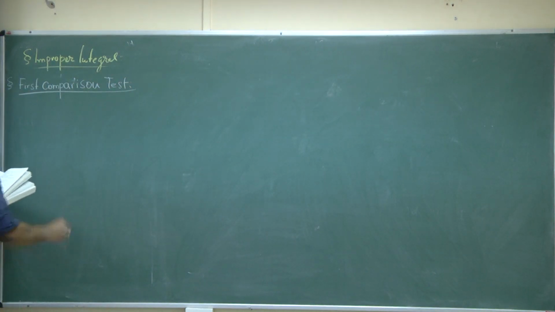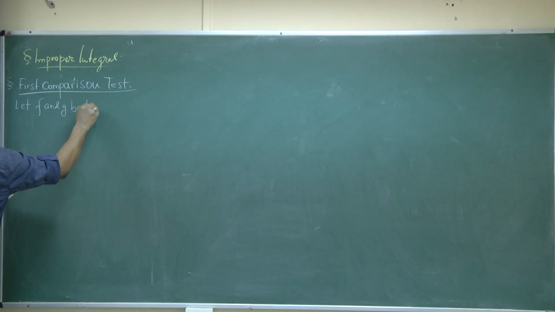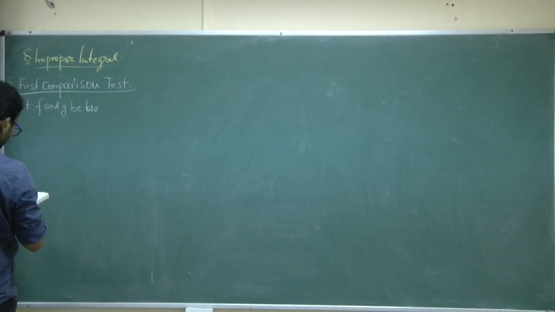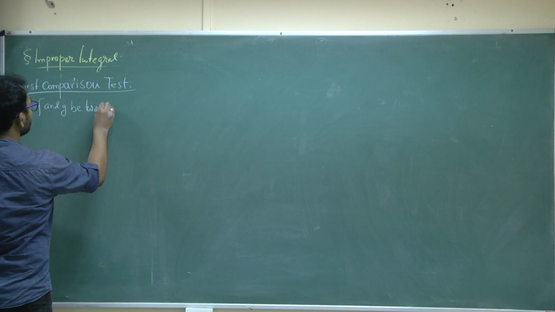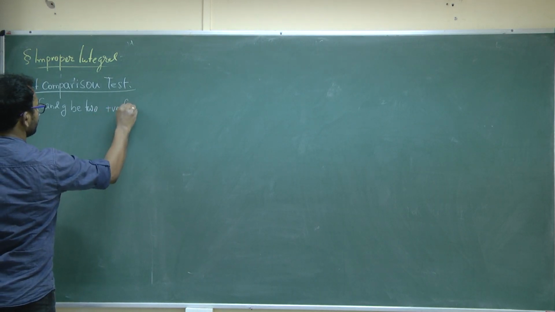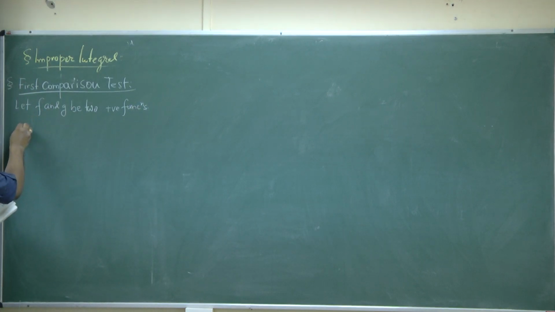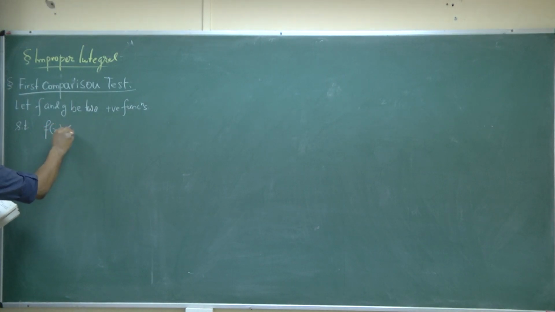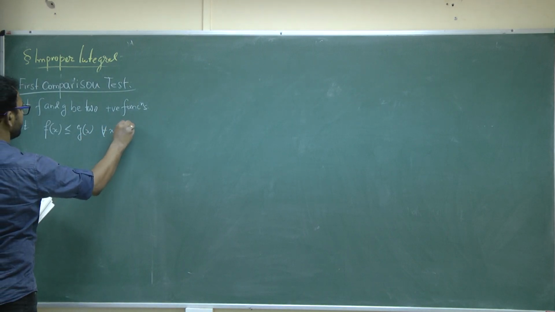Let f and g be two positive functions such that f(x) is less than or equal to g(x) for every x in a given interval a to b.